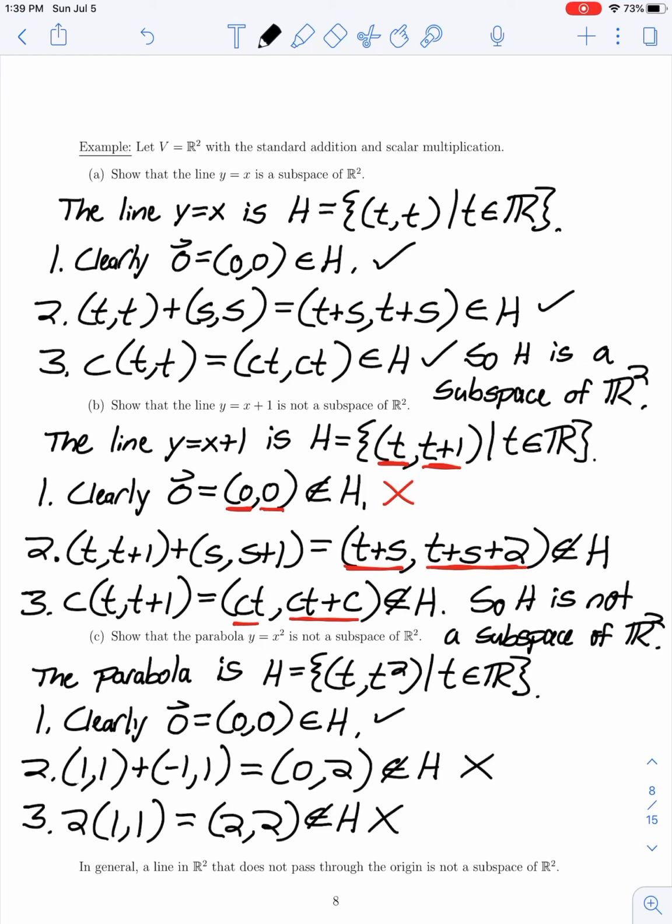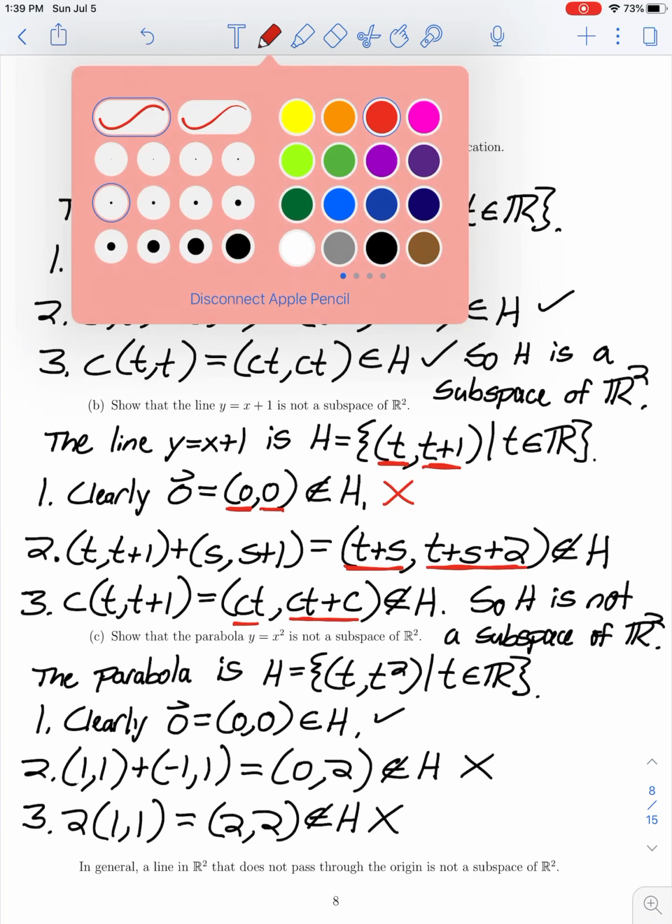So as soon as we've found that one of these properties does not hold, we've established that our parabola is not a subspace of R2. In this example, in parts A and B, we were considering lines in the plane, and we found in part B that the line y equals x plus 1 is not a subspace of R2 because it didn't contain the zero vector.